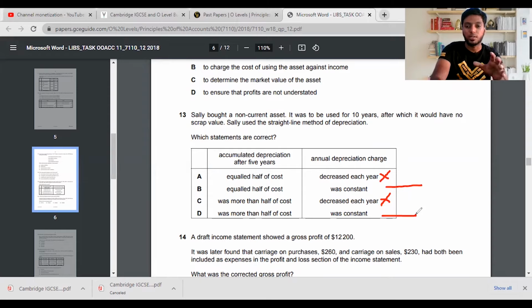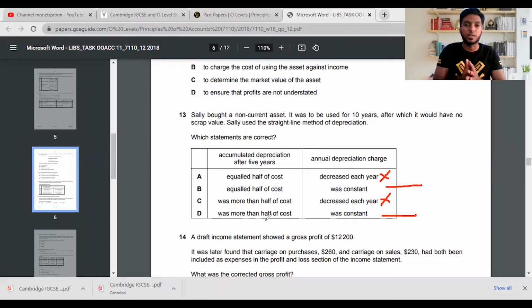But now the question is, how do we find the correct answer? Because it's a straight line method. Let me read it again. It was to be used for 10 years, after which it would have no scrap value. Shall we use the straight line method of depreciation? Then for B, they have given equal, half of cost, and for D, more than half of cost. Simple in understanding, if you use it for 5 years out of 10 years, then of course you have used half of the cost.